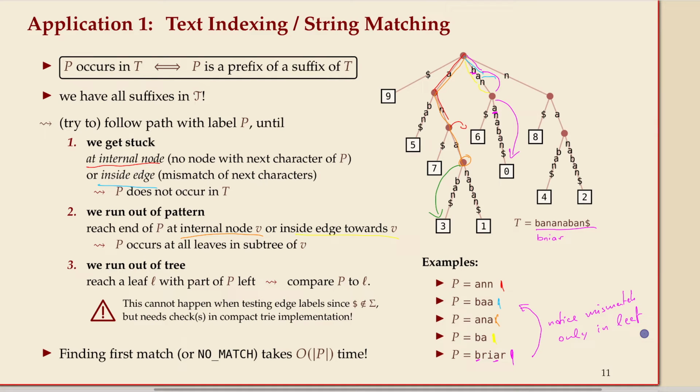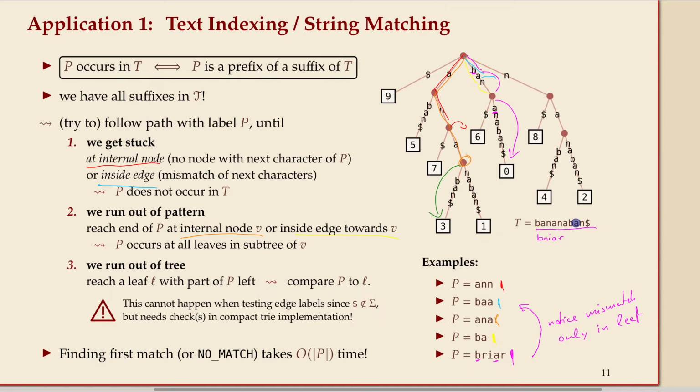So if you go by the proper implementation as compact trie, then you wouldn't really check these other characters until you reach the leaf. And so that's something to keep in mind. For the conceptual algorithms on the slides, I'll assume we have the full labels on the edges.